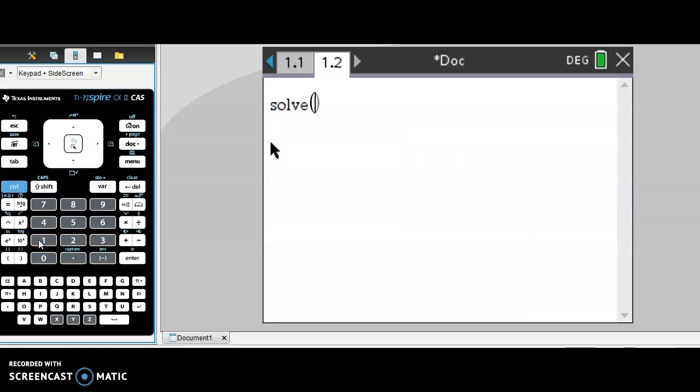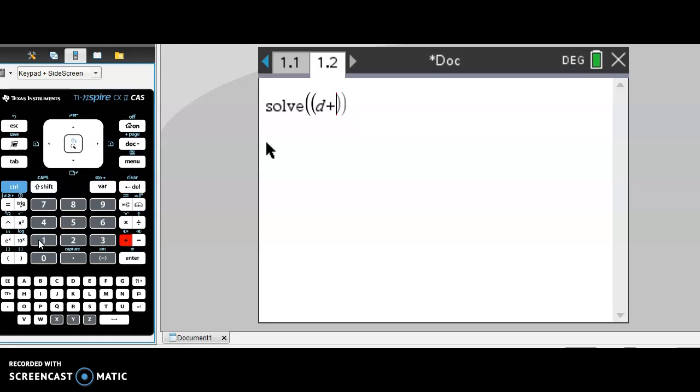We had brackets D plus 25, times by 10, not twice, 10, brackets, checking that we are in degree mode, 28 equals D times 10, 54.